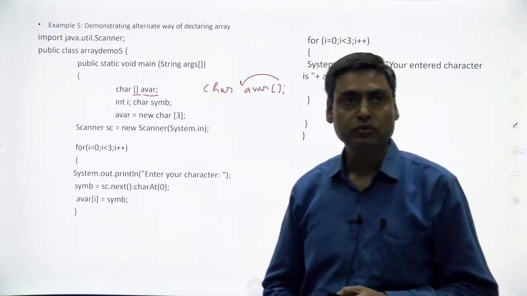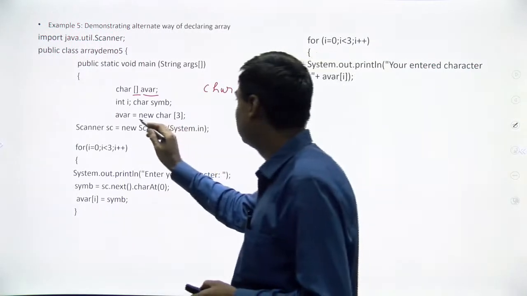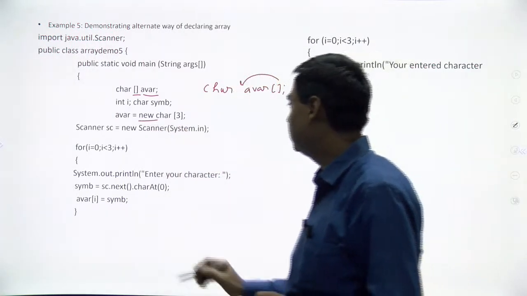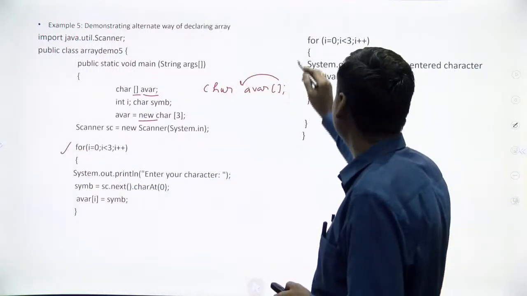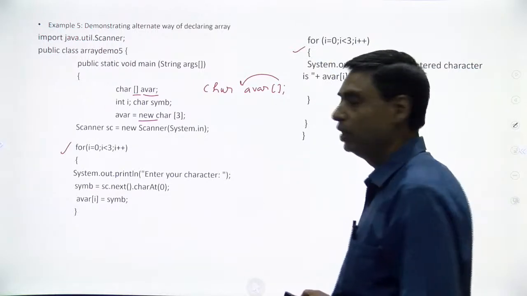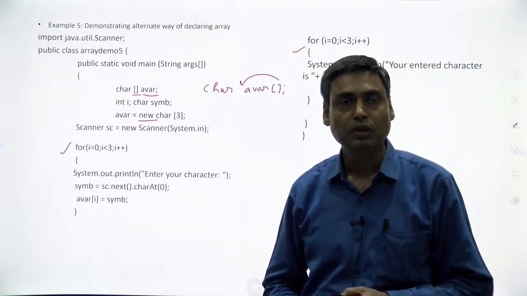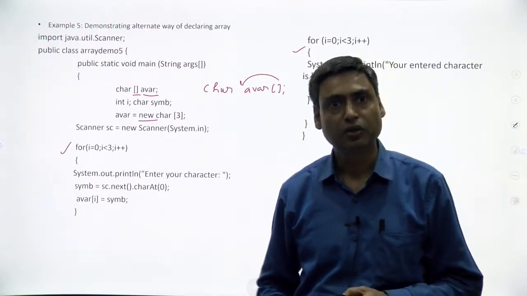This way an array can also be created. Then we allocate the memory with the help of the new operator. Then the same approach: we take the inputs from the user, store the values, and display the values to the user. So I talked about different approaches for declaring a variable.